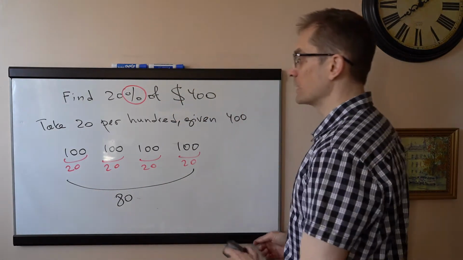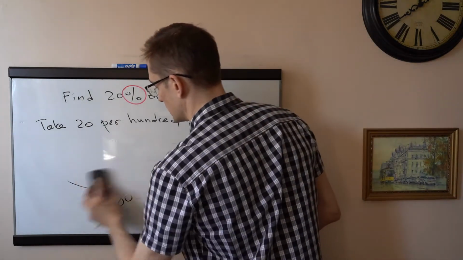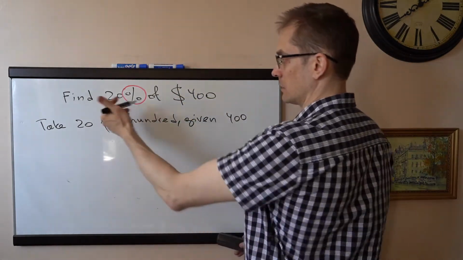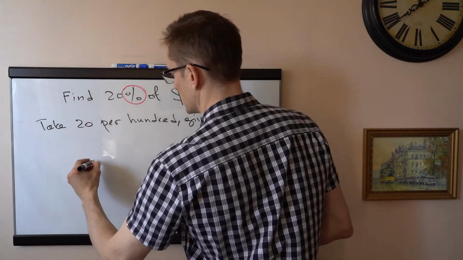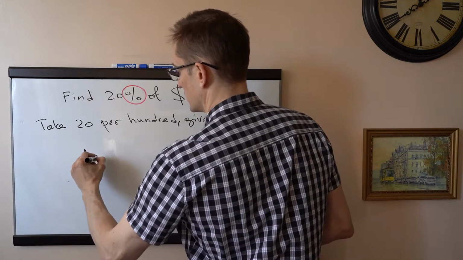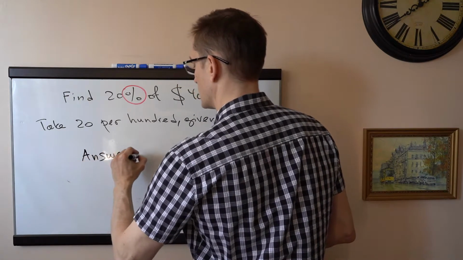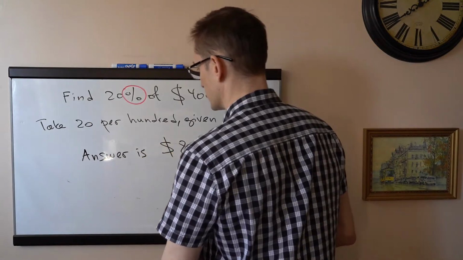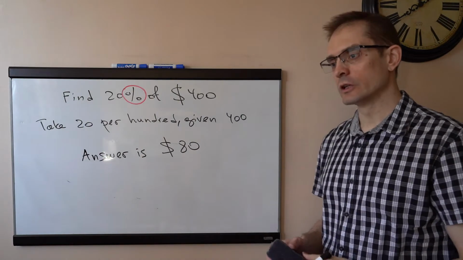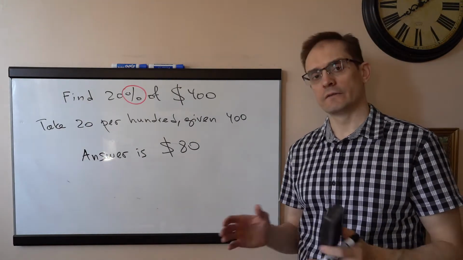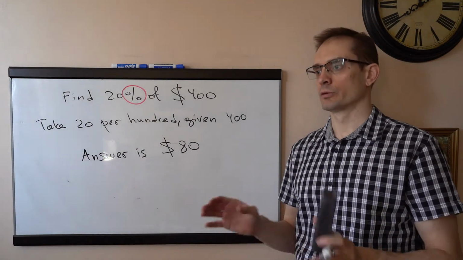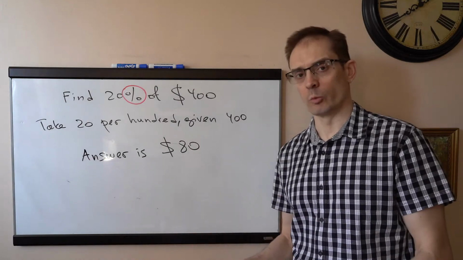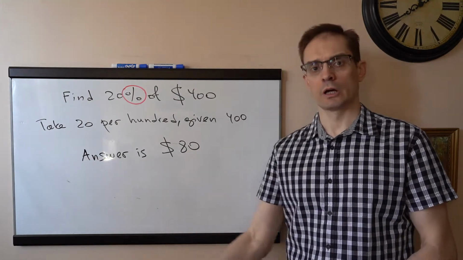Therefore, 20% of 400 is, so the answer is $80. So here we used only the definition of percent in a straightforward way, which is per 100.